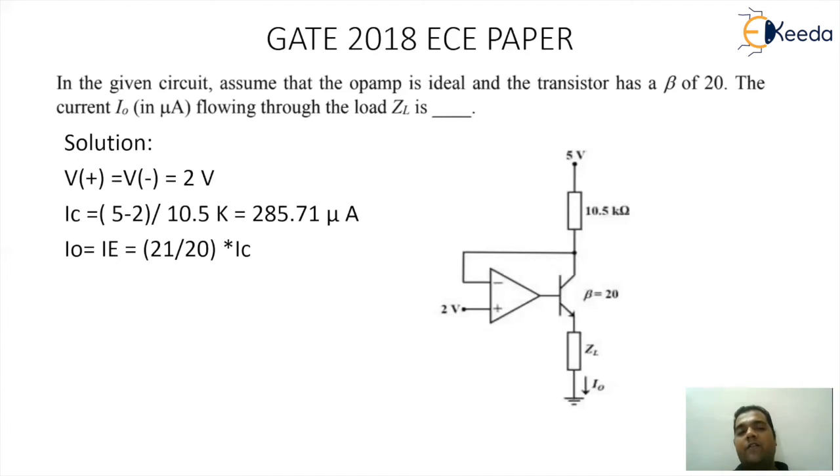That will be the value of IE. That is the value of IO. So putting the value of beta as 20, you get the value of IO as 300 microampere. So the correct answer for the question, current IO in microampere flowing through the load ZL, is 300 microampere.